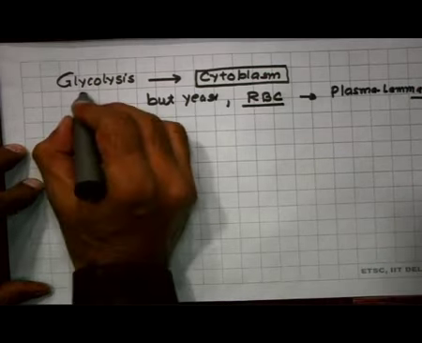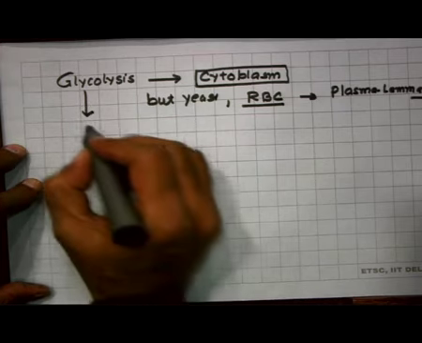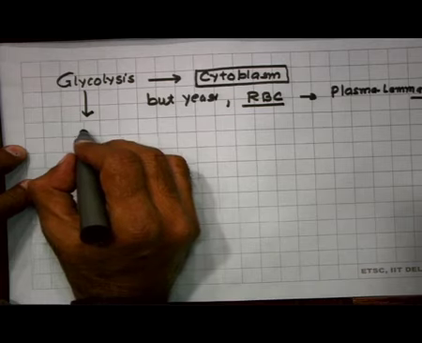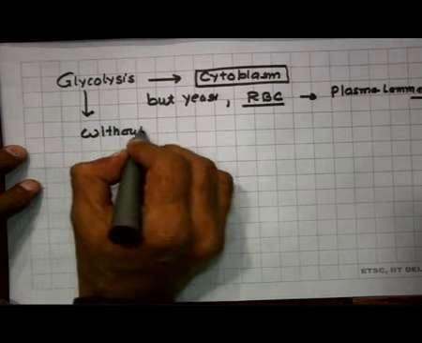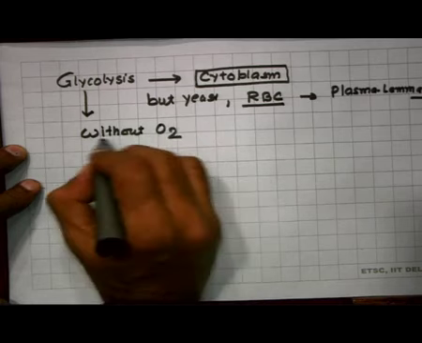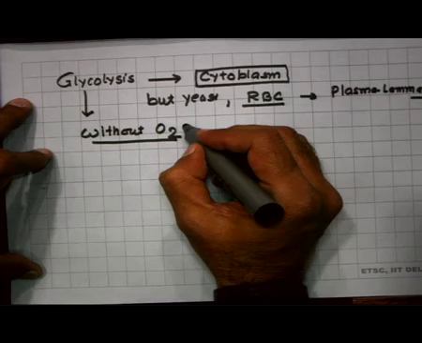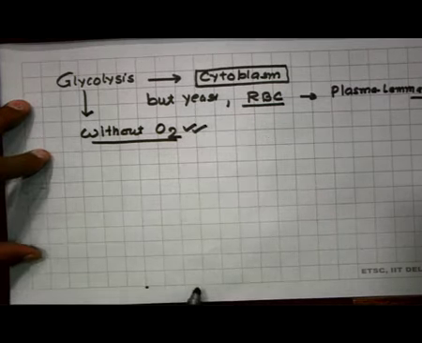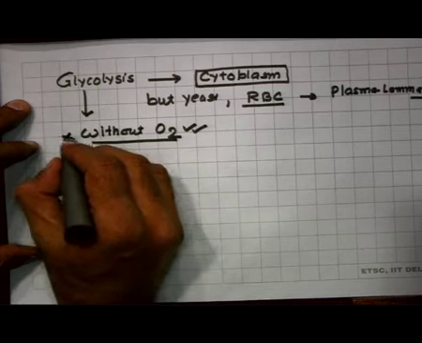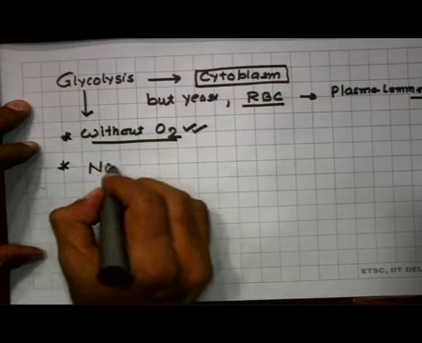It is a process which takes place without oxygen. In the entire steps of glycolysis, we will find that there is no use of oxygen. And the second thing is, no carbon dioxide is produced.